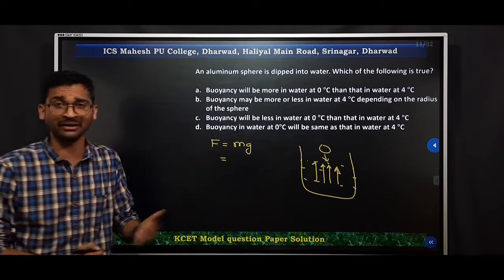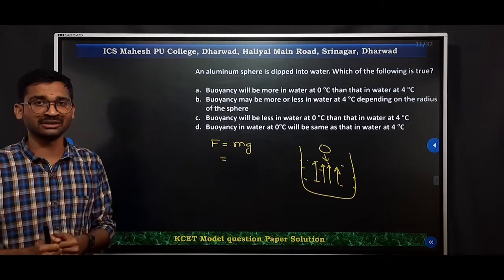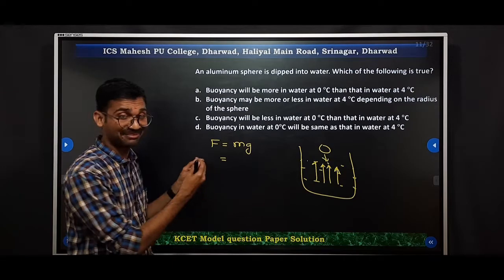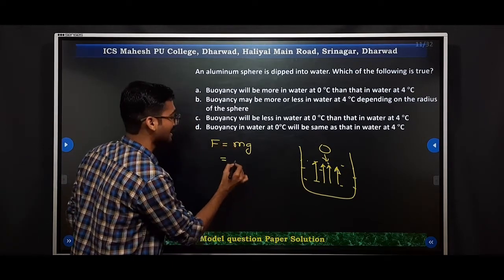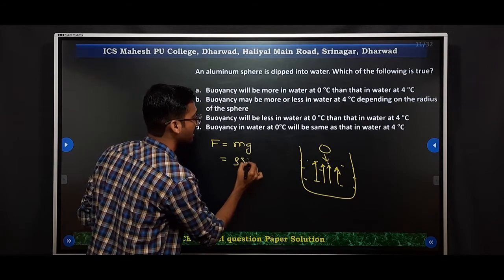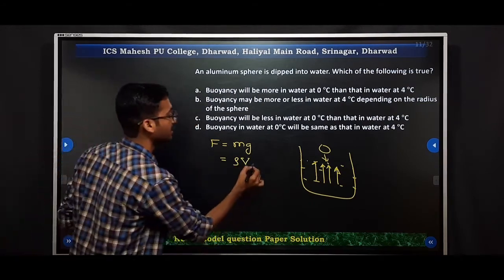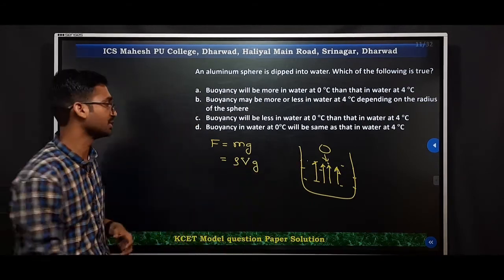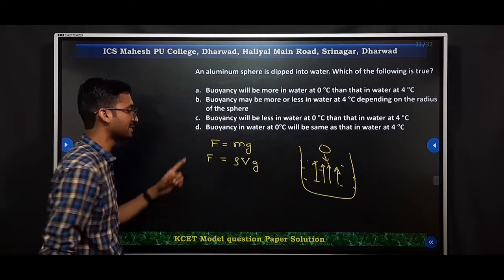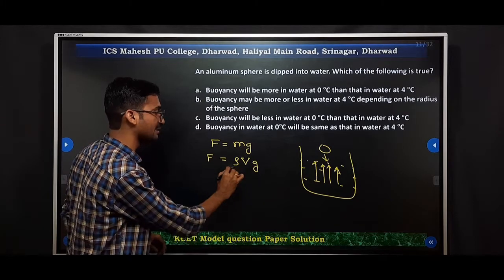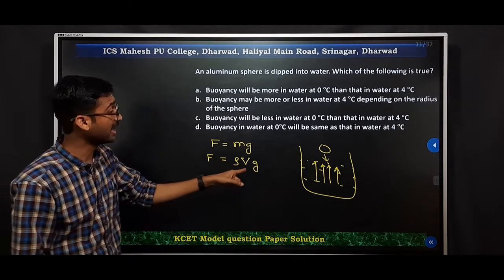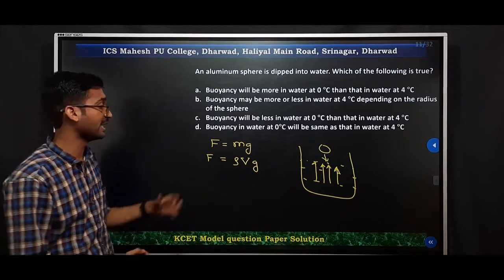But we do not have the mass data here. Therefore, we can resubstitute: mass can be written as the product of density and volume, into acceleration due to gravity g. Therefore, F is equal to rho into v into g. Here, rho is the density of water, g is the acceleration due to gravity and v is the volume.